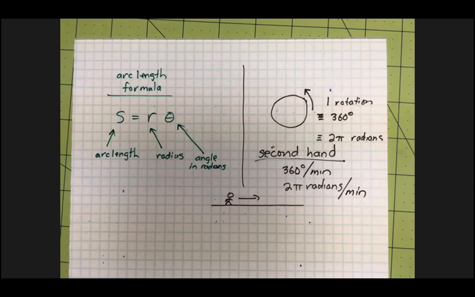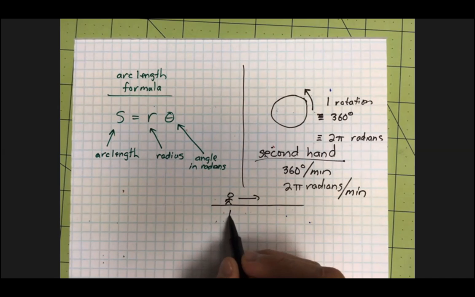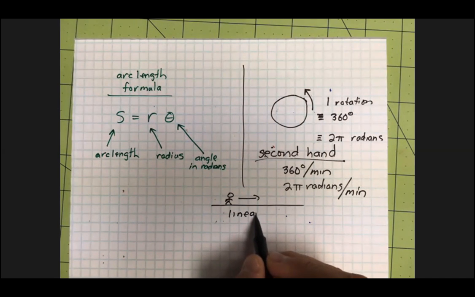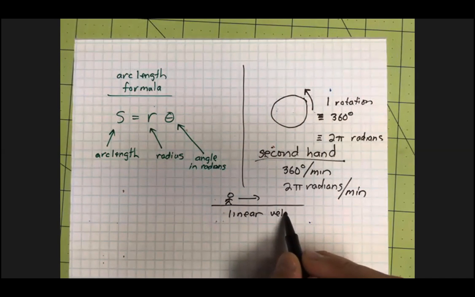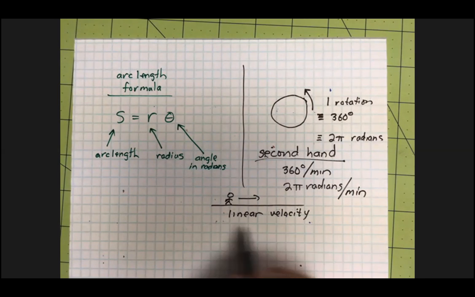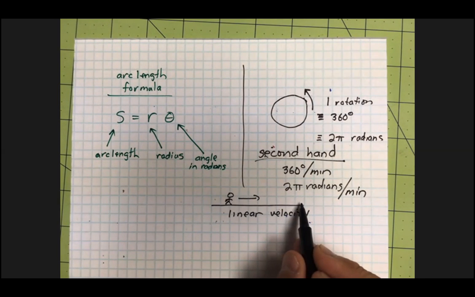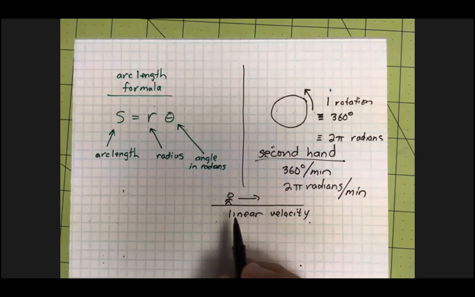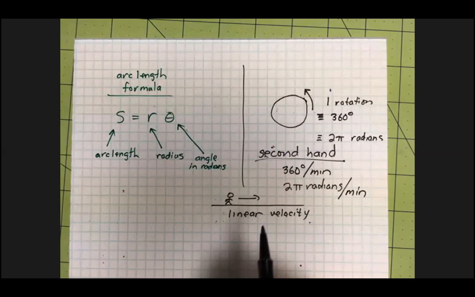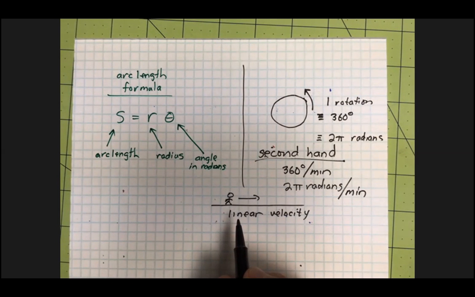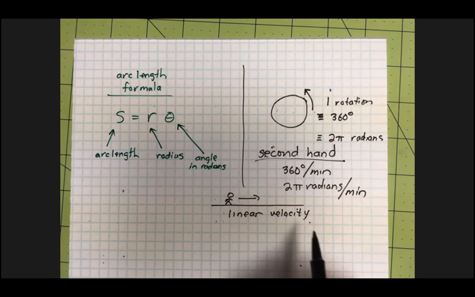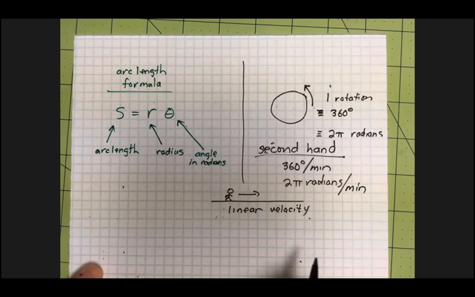That would be called linear speed or linear velocity. Linear velocity is the amount of distance you cover in a certain amount of time, not the angle you cover. If you're doing a 100-yard dash, well, the best people in the world are certainly under 10 seconds, right? I can't remember because I haven't seen the Summer Olympics because they didn't happen.